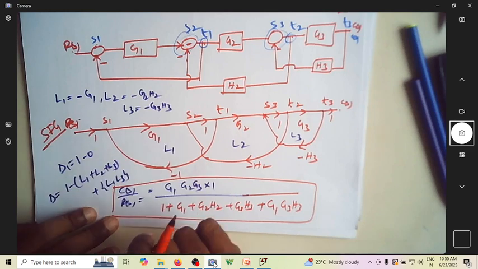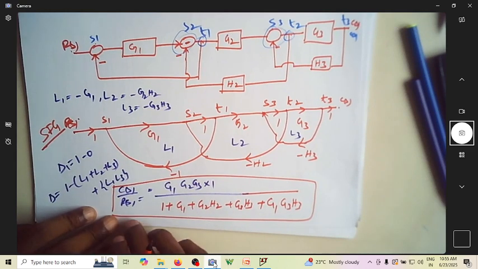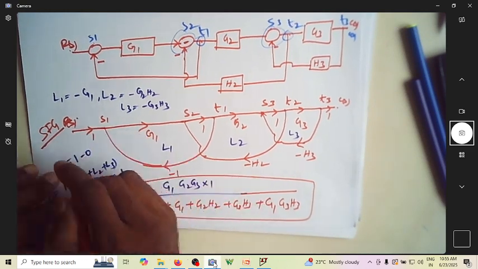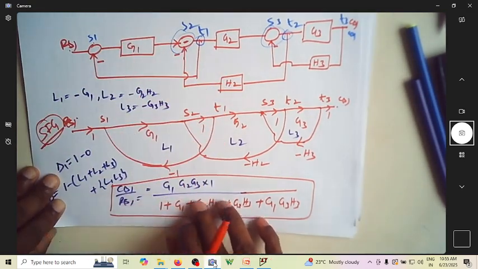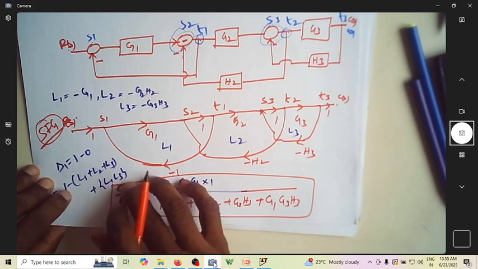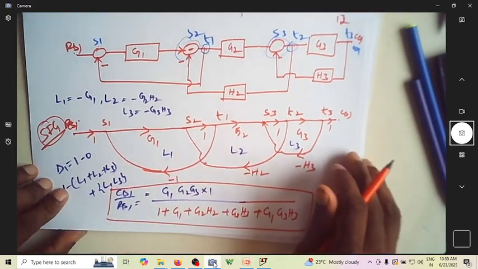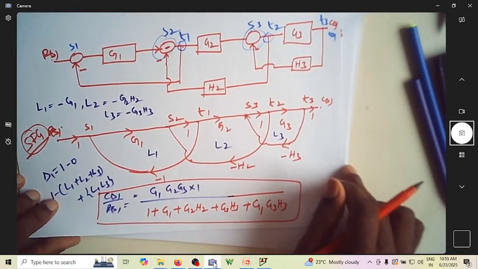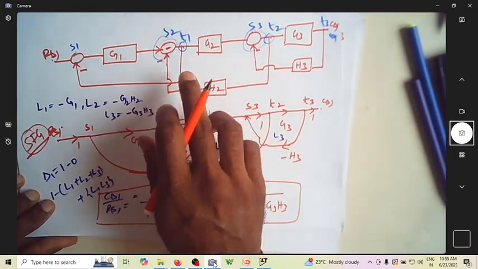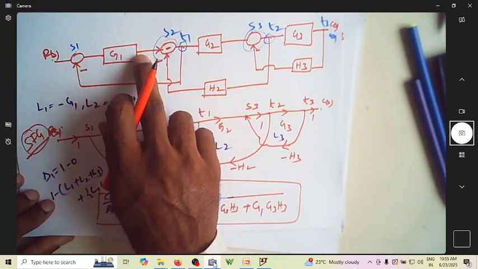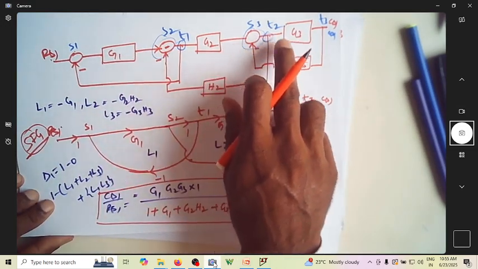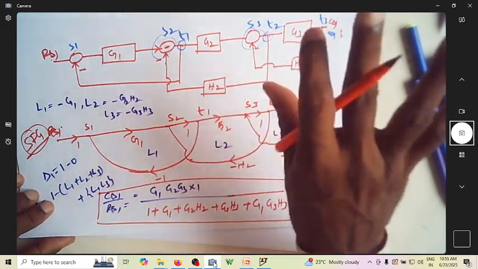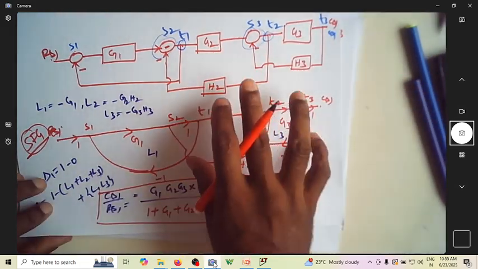They don't possess a common node. So you can see, using SFG, this is the easiest way of writing the transformation. Suppose you had used block diagram reduction, it would have taken more than half an hour to move this before this and move this after this, something like that.